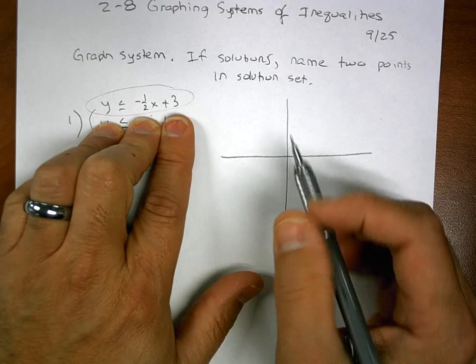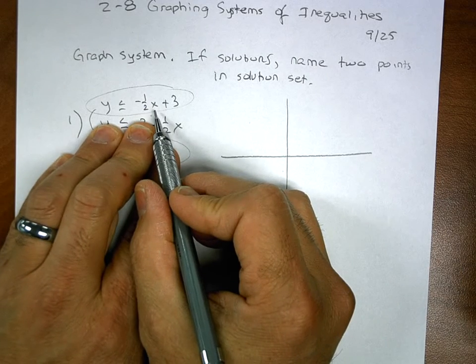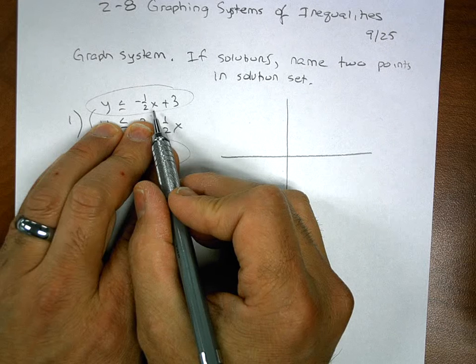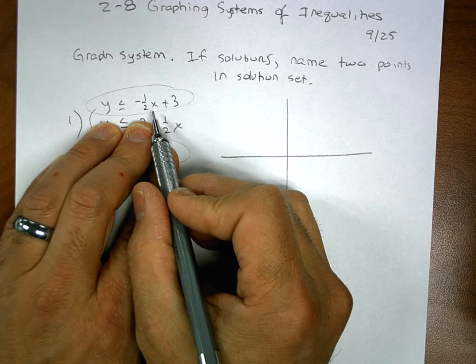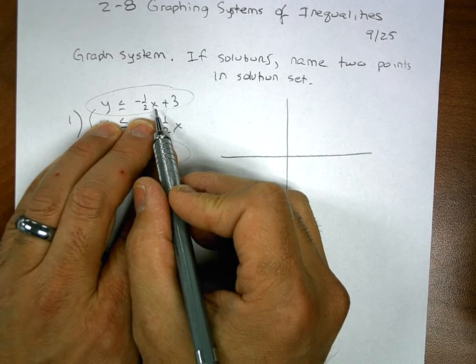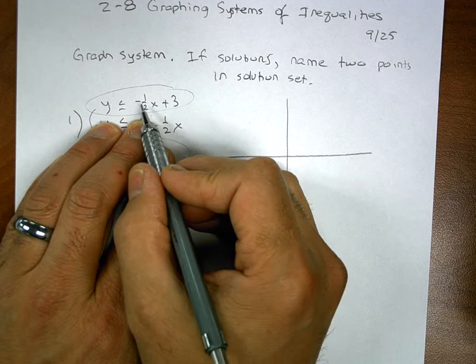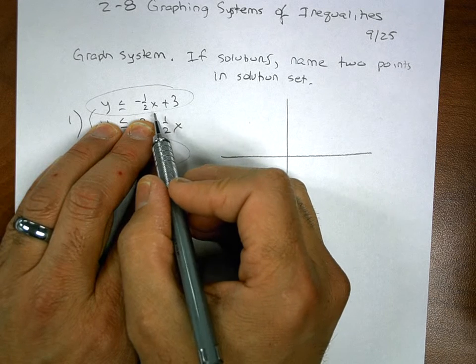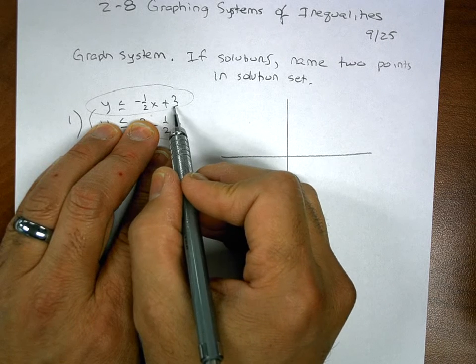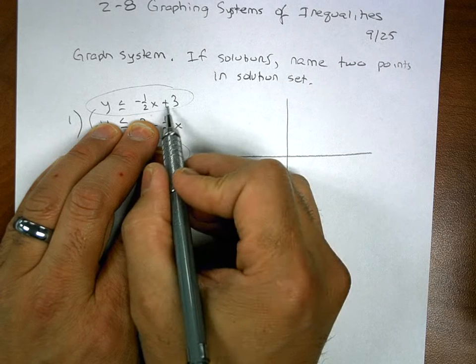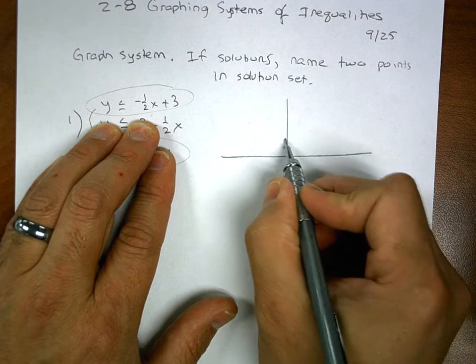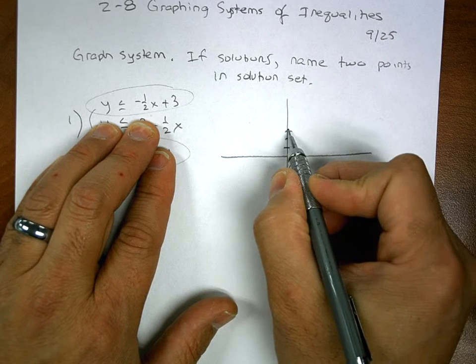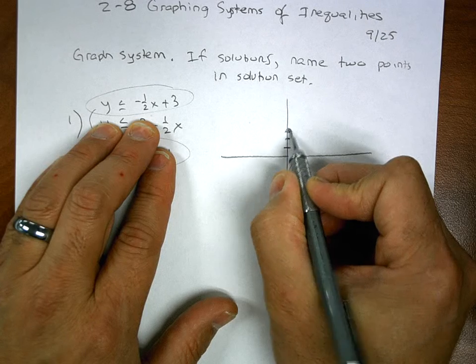These should be easy to graph. So we got to shift this thing. So how does it shift? Well, that's the slope. Do we go left or right any? No. But we go up 3, plus 3, up 3. So 1, 2, 3. So it didn't go left or right, so it's right there.